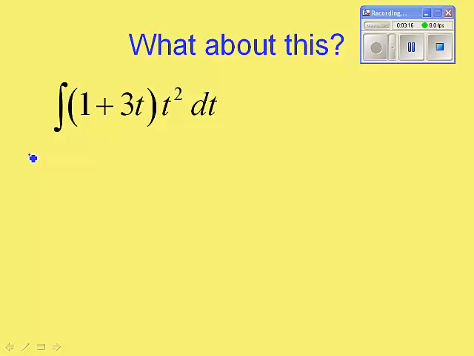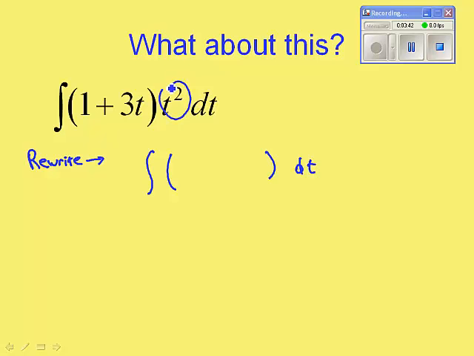Well, let's start out by rewriting it. We're going to rewrite it as a polynomial, and then it's going to look easier. So we're going to write the integral of, and I'll keep the dt, but what I really want is a polynomial. So you know what I end up doing? Distribute.